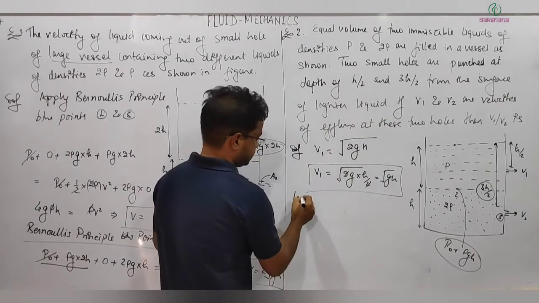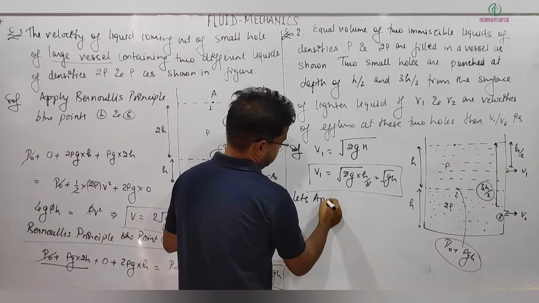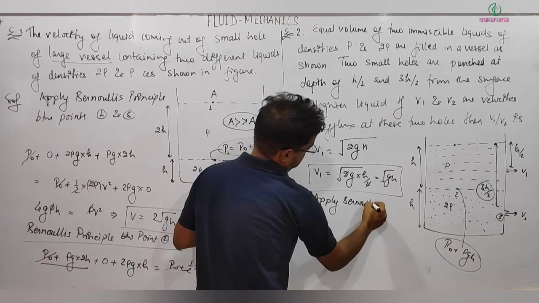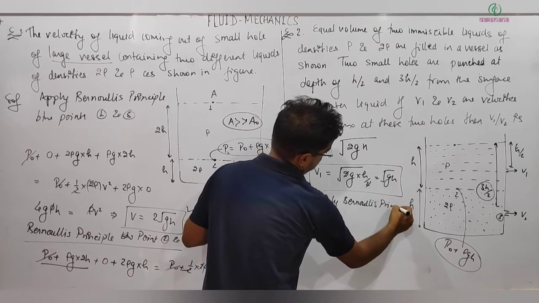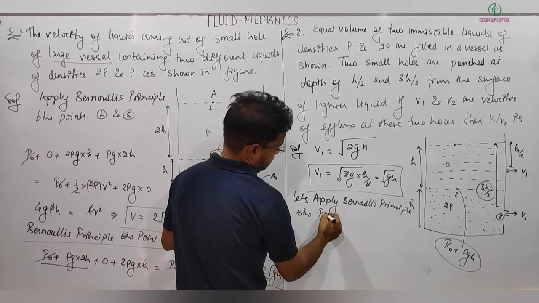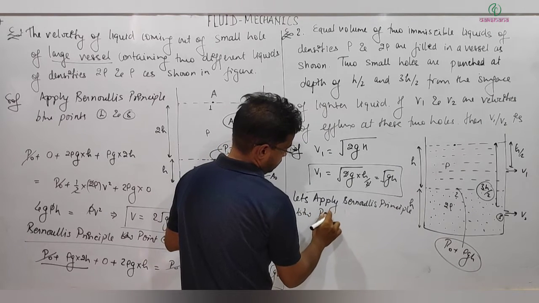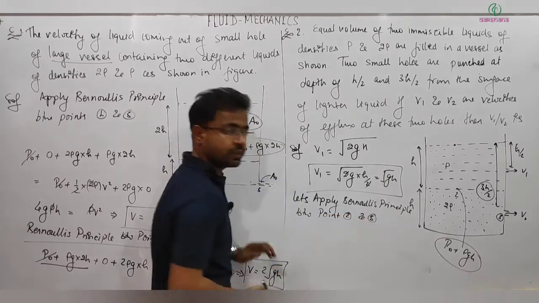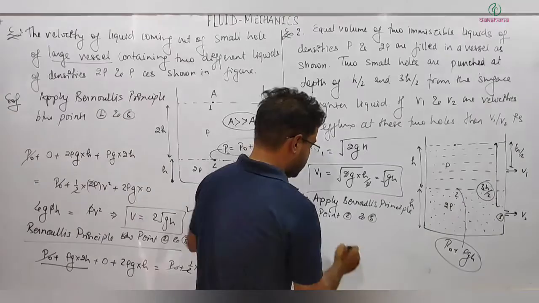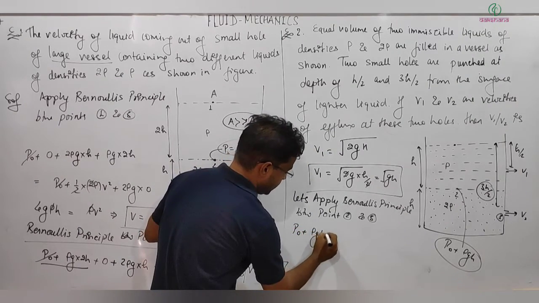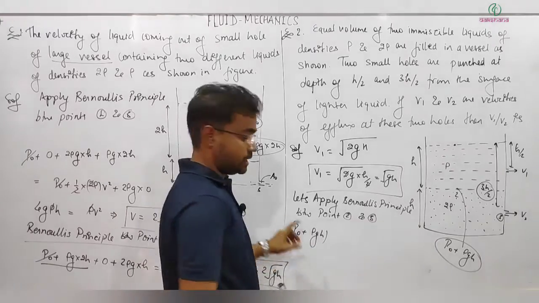So again, the pressure of point 2 is P naught plus rho GH. I hope you are understanding.